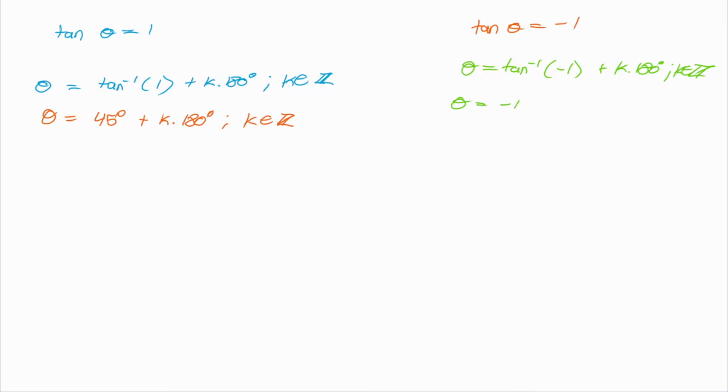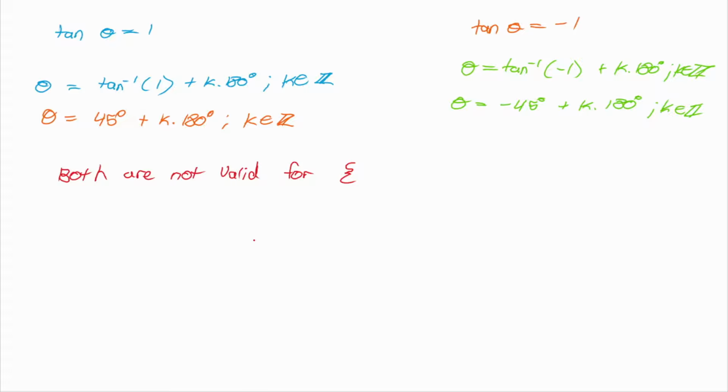So that's -45 degrees plus k180, k is an element of integers. Okay, so let's look at the specific solutions here. Both of these are not valid for, let's look at what they're not valid for.